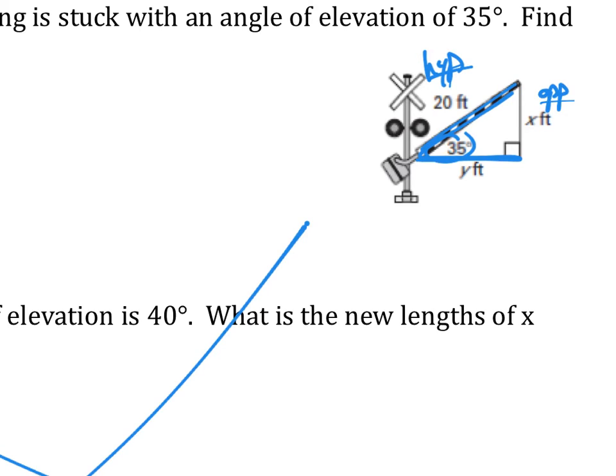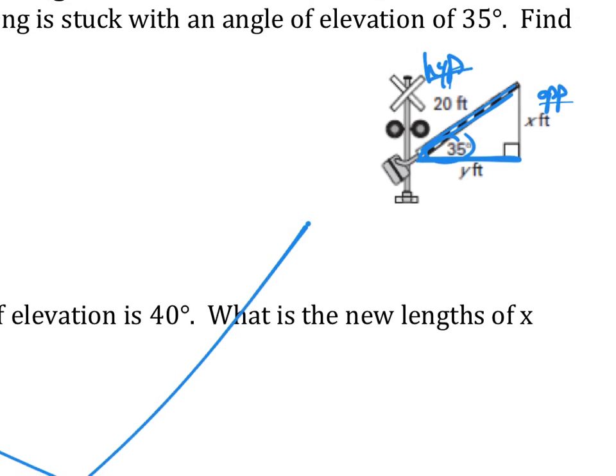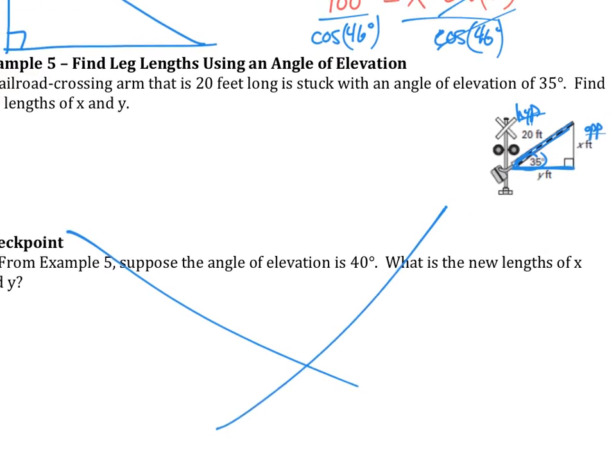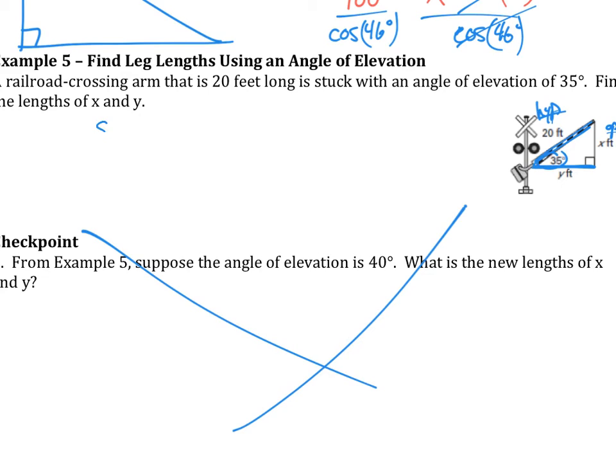So which one is opposite in hypotenuse? The opposite in hypotenuse will be the sine. So we're going to do sine of 35 degrees is equal to x divided by 20. And then to solve this, we have to multiply by 20 to cancel out the 20.